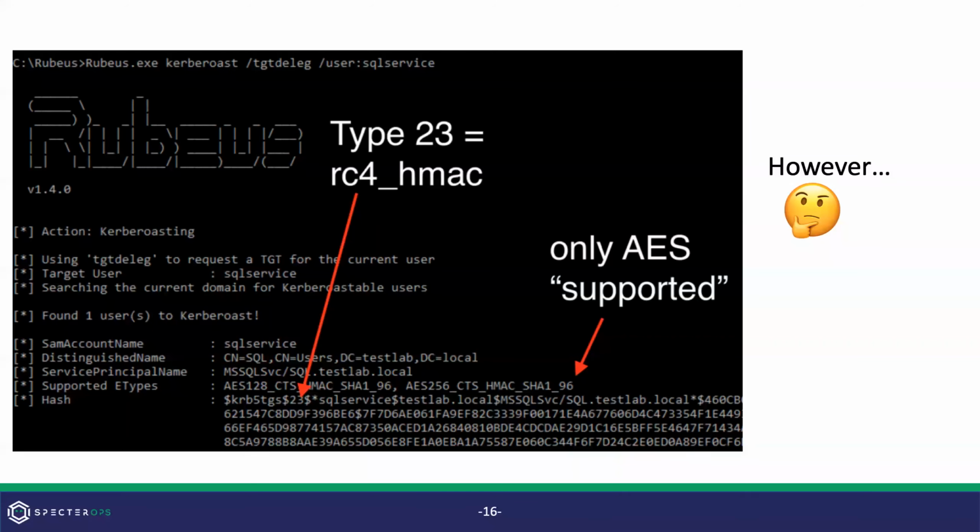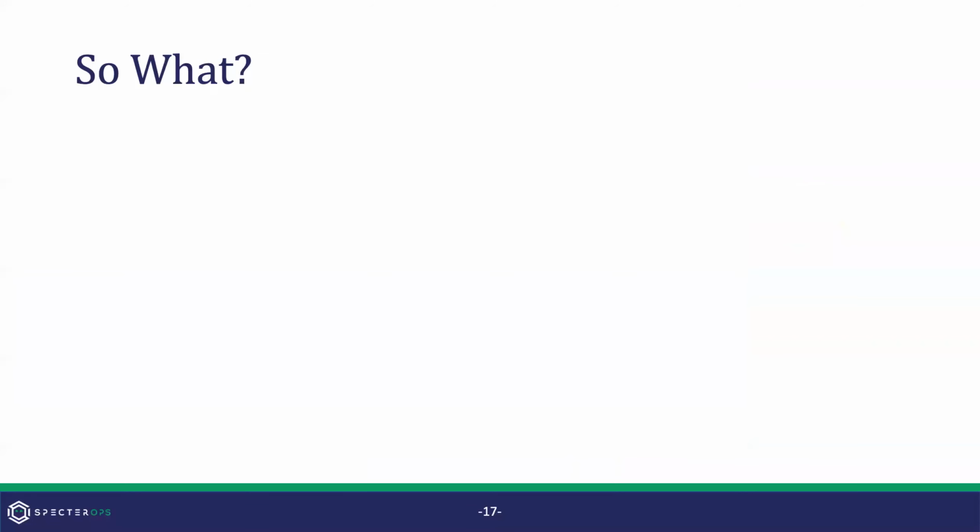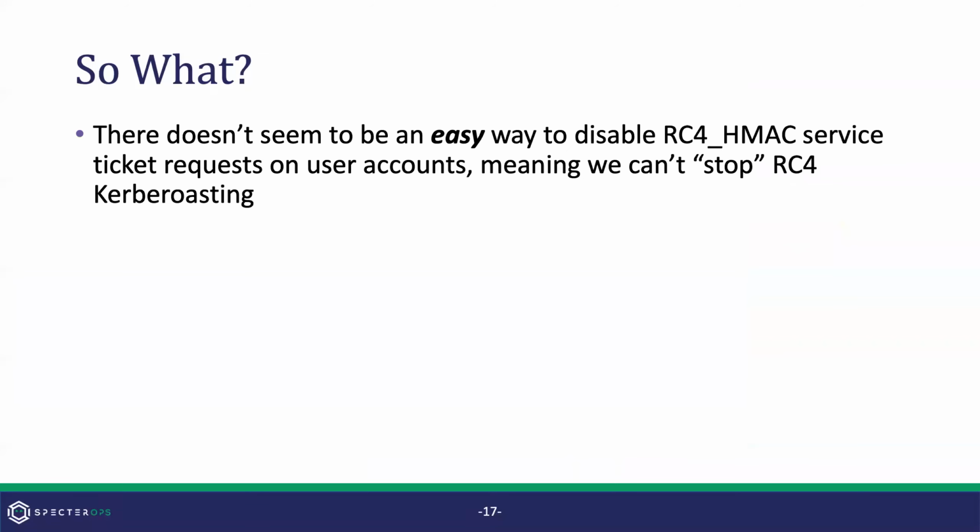But if I manually specify RC4, I can still get an RC4 service ticket. So this is weird. I'm like, so what? Why does it matter? From what we can tell, in most domains, there doesn't seem to be an easy way to disable RC4 HMAC service ticket requests on user accounts. This means that we can't stop RC4 Kerberoasting.